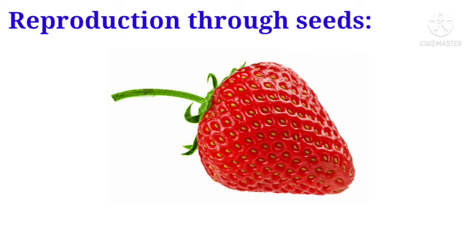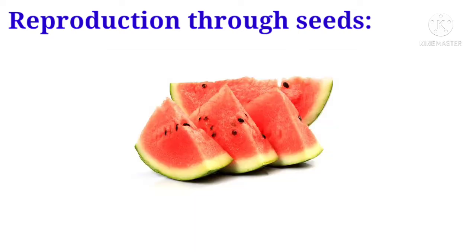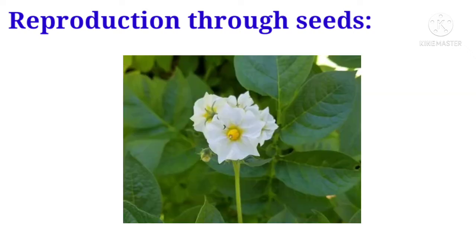You can take the example of watermelon. So we can say that flowers are the organs of reproduction for flowering plants because flower turns into fruits and fruits contain seeds.